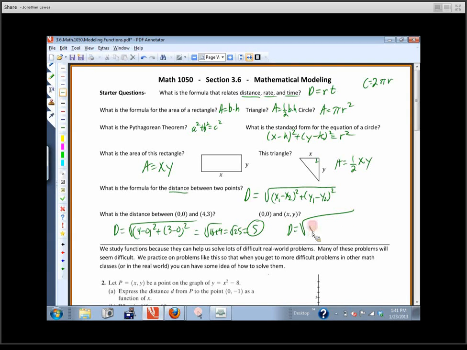It's going to be x minus 0 quantity squared and y minus 0 quantity squared. So that's going to give us x squared plus y squared. Can I just take the square root of both pieces and then add them together? Can I distribute the square root to each one of those terms, find them separately, and then add them together? Nope. That's the answer right there. That's as far as you could go. Okay? All right. Any questions there?